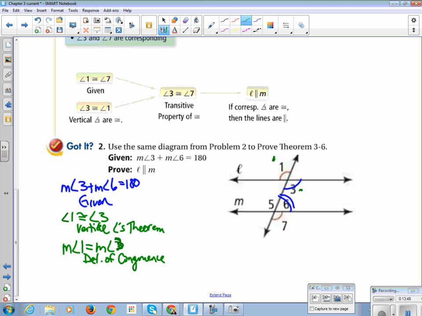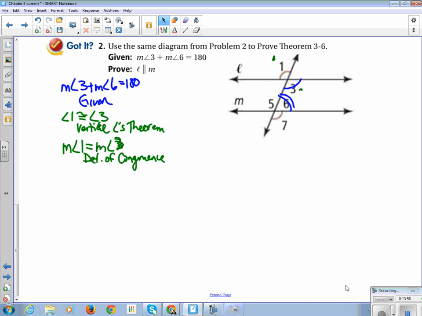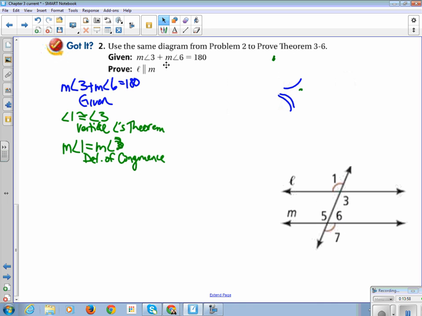Given all that information, we can flow that into, by substitution.